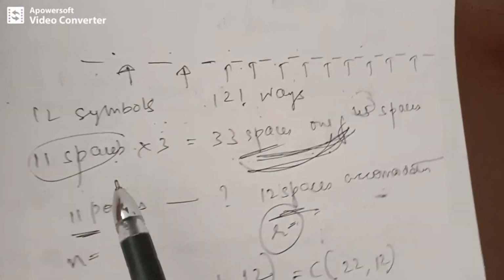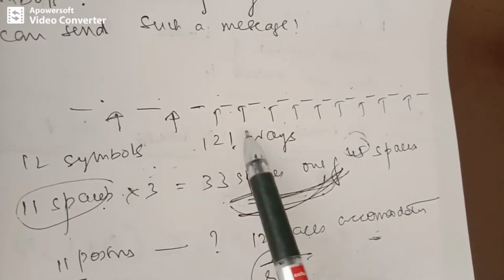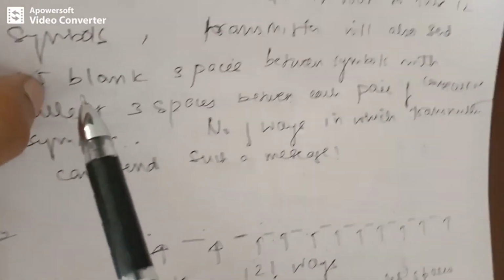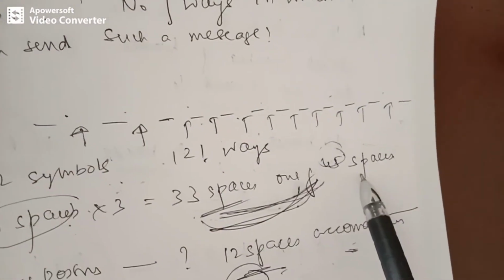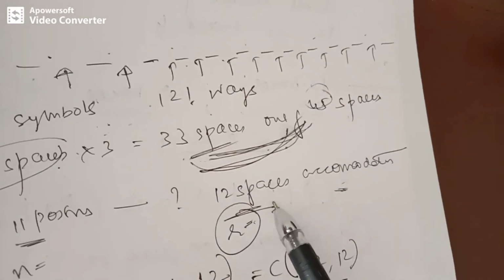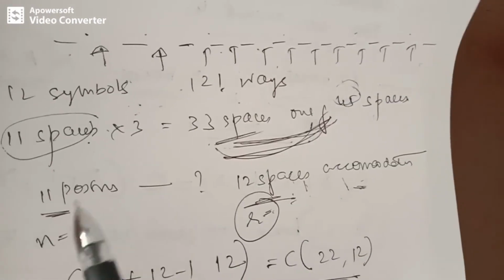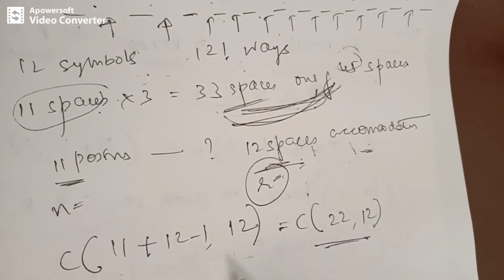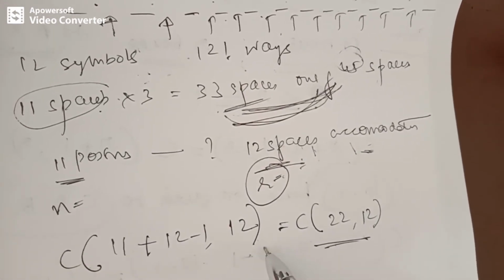That is 11 into 3, 33 spaces in overall, used up out of 45 blank spaces. The remaining 12 spaces are to be accommodated in these 11 positions. How it can be done is C of 11 plus 12 minus 1 comma 12.